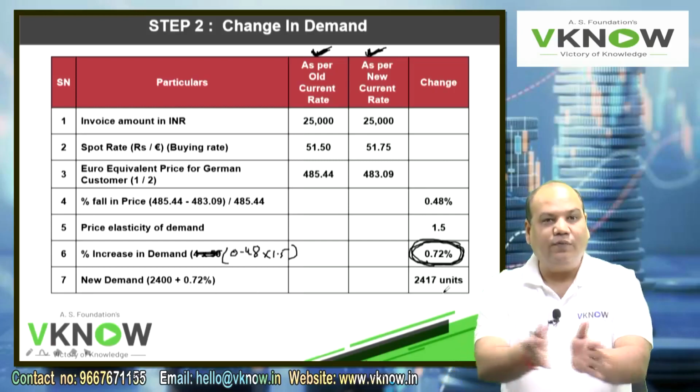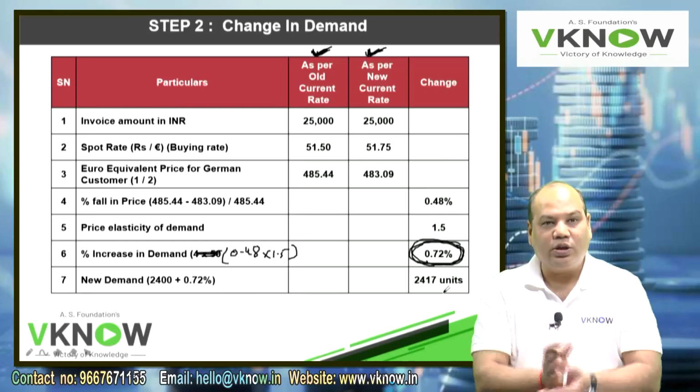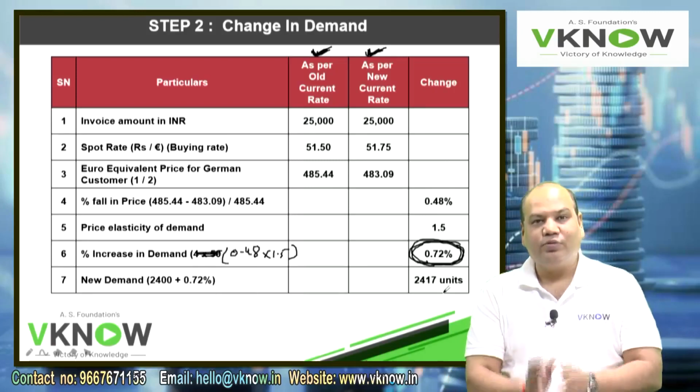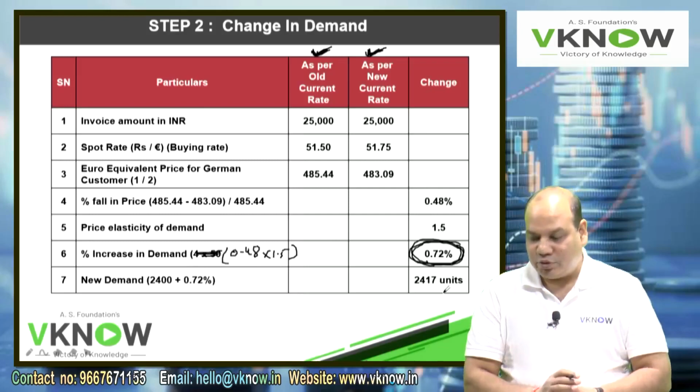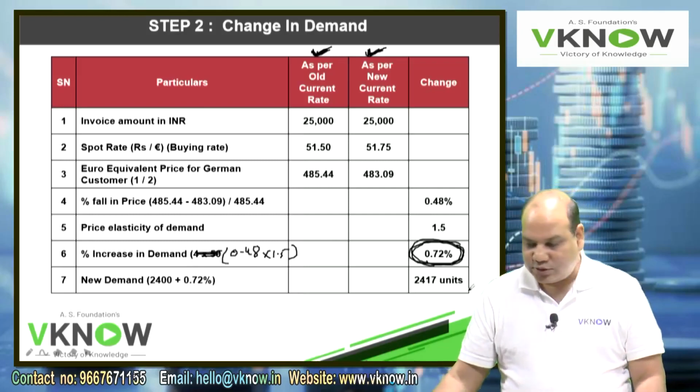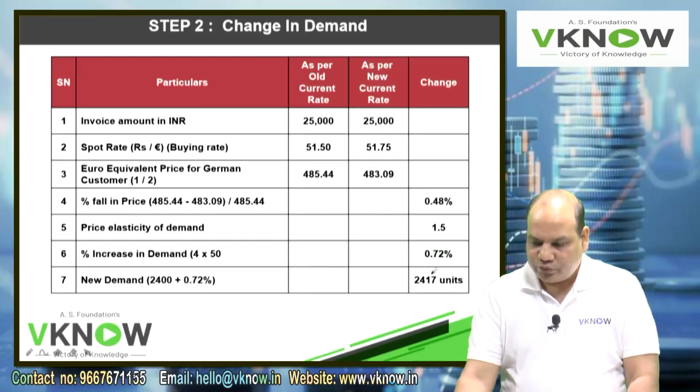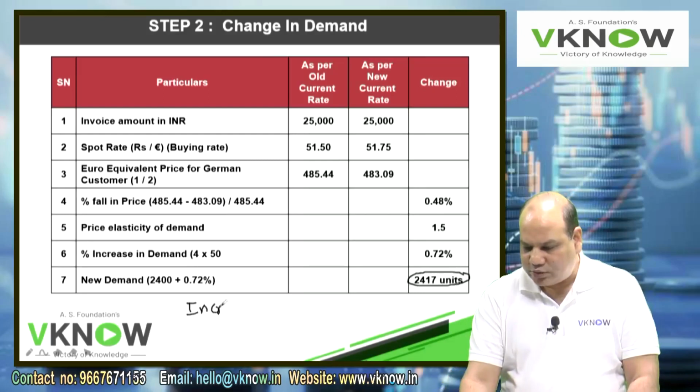You can't sell half AC. You can't sell only the compressor of the AC. So you have to round off. Sometimes common sense is more important. So round off to the nearest whole number, 2417 units. So the new demand will be 2417 units. Means increase in demand is 17 units.